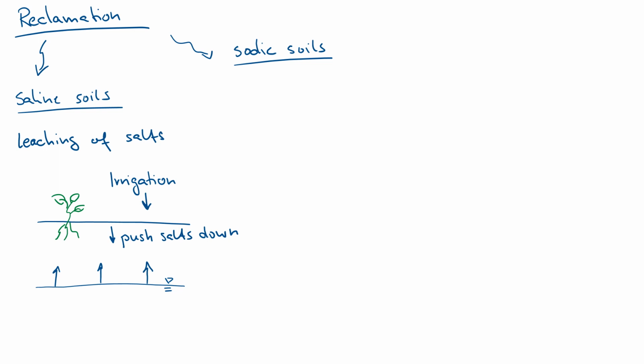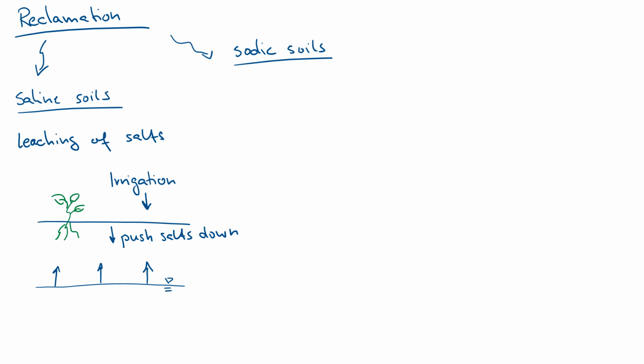The way you do this is by amending the soil and leaching the soil at the same time. You can use soil amendments such as gypsum or calcium chloride, which have soluble calcium, making that available to replace the sodium on the cation exchange sites.